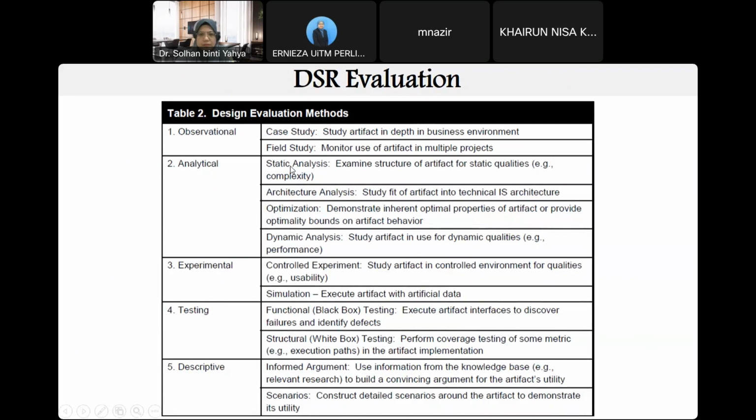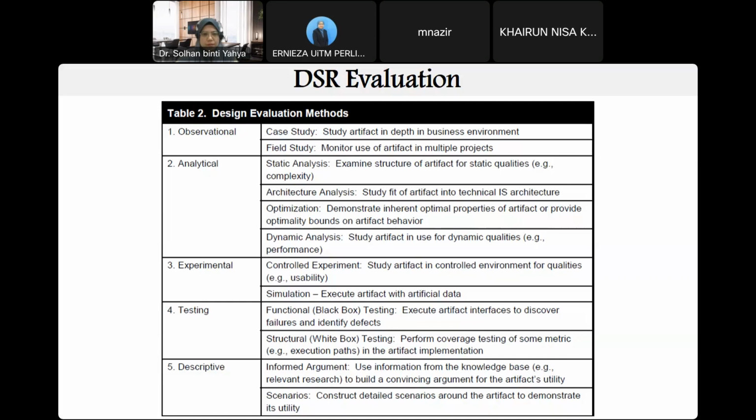So what scientific methods can be used to do the design science evaluation? There are many methods. This is one of them, table 2. The methods are categorized into observational, and you can use a method from the analytical category, or experimental. Because design science is a pragmatic paradigm, whatever you can justify and use to evaluate with good justification, from that we can claim there is a knowledge contribution highlighted to the body of knowledge, and that is fine, right?